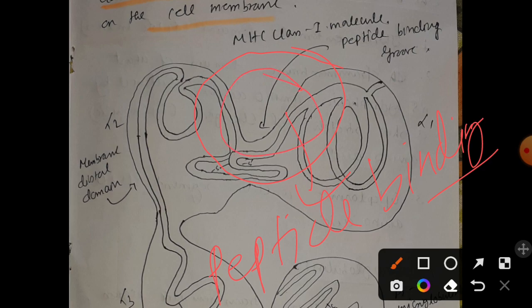Remember, this peptide binding groove can take a peptide containing 8 to 10 amino acids. That means any antigen, no matter how long it is, should be cut into an 8 to 10 amino acid long peptide, otherwise it cannot be expressed by class 1 MHC molecule. Clear?